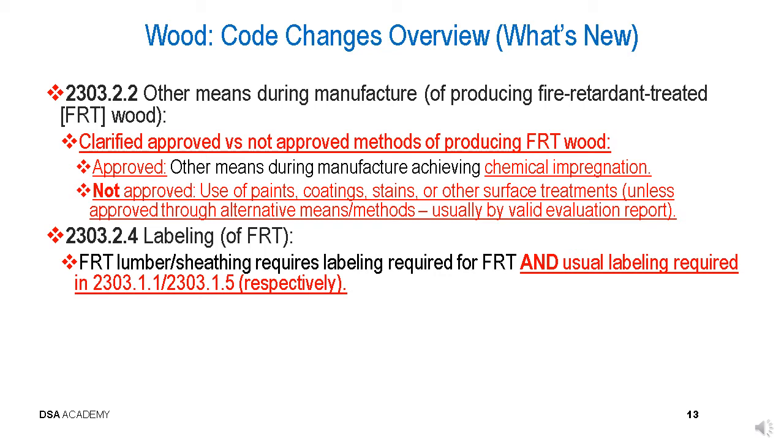For labeling of FRT in 2303.2.4, the FRT lumber and sheathing requires labeling in addition to the usual labeling required for lumber and sheathing for lumber grades.